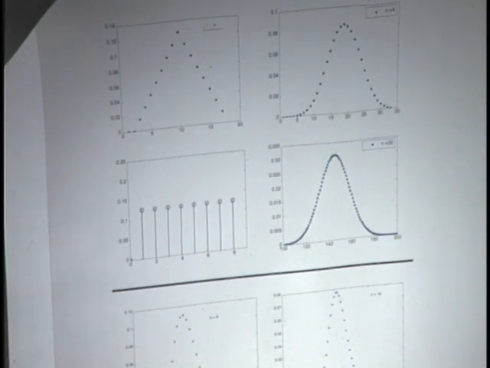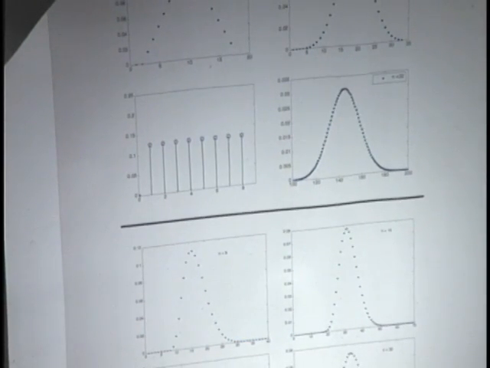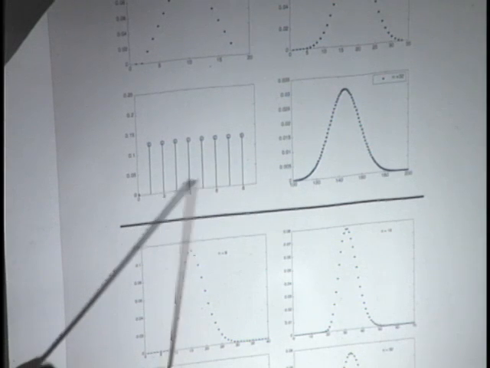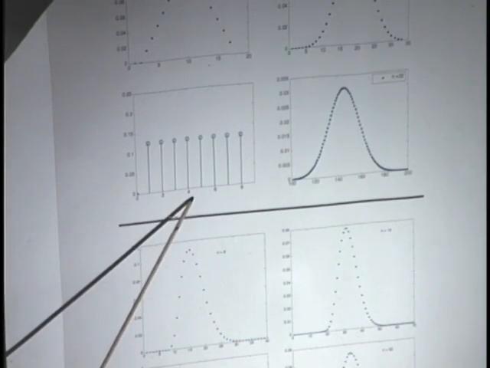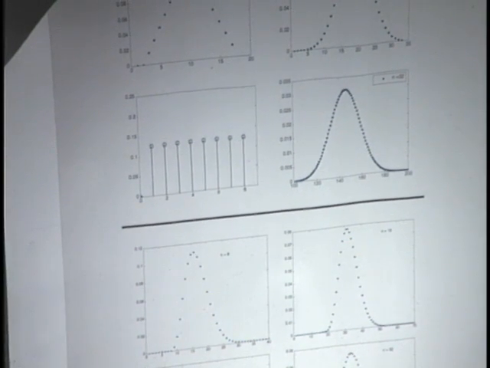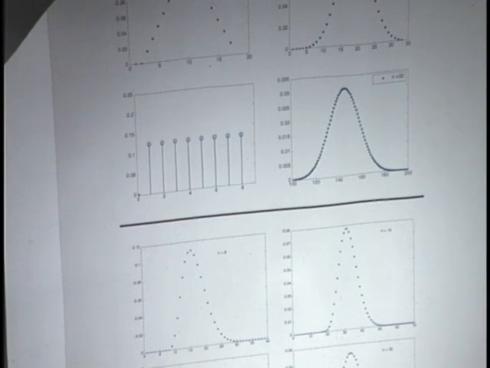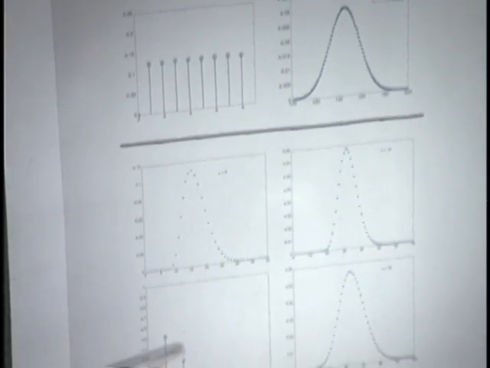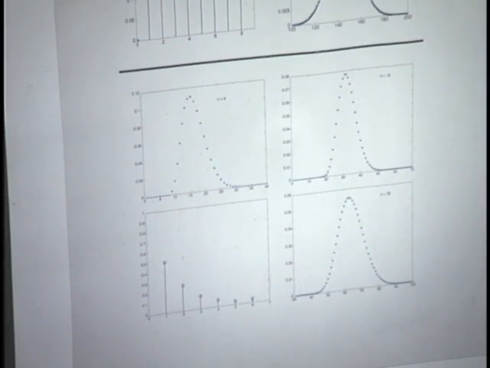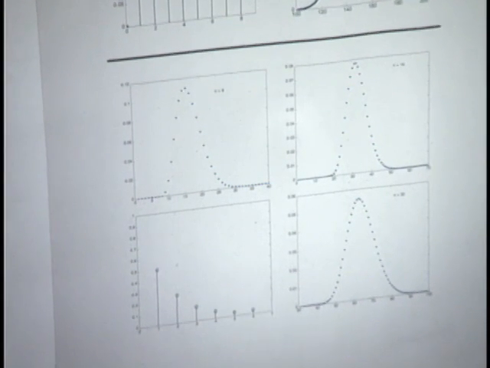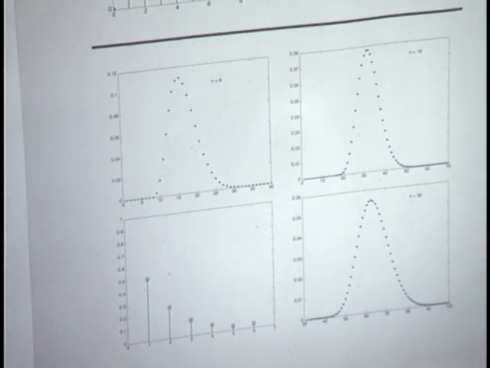If we start with a PMF which is not symmetric, this one is symmetric around the mean. But if we start with a PMF which is non-symmetric, so here is a truncated geometric PMF, then things do not work out as nicely when I add 8 of these.